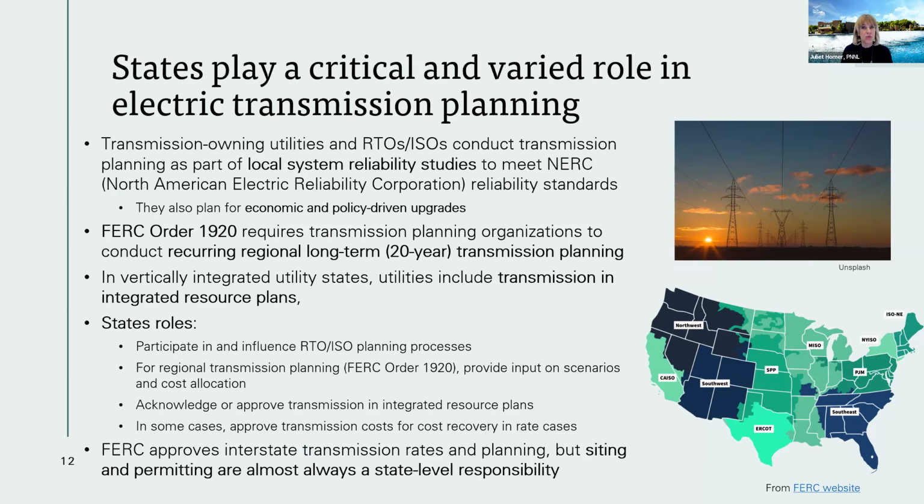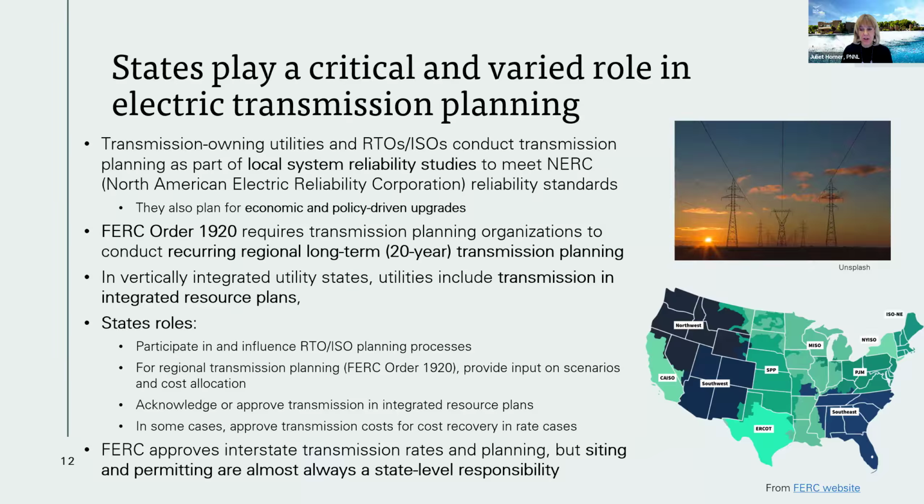So FERC Order 1920 is a relatively new requirement that requires transmission planning organizations to conduct recurring regional long-term transmission planning. In vertically integrated utility states, utilities, as I said before, will often include transmission in those integrated resource plans. Okay, so what does all this mean for states?